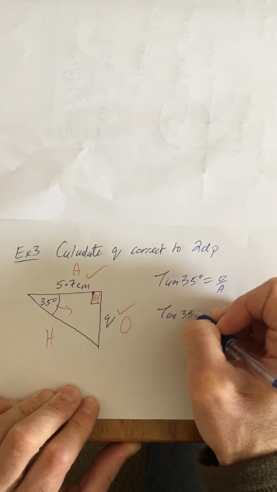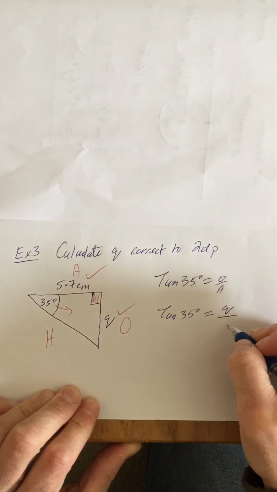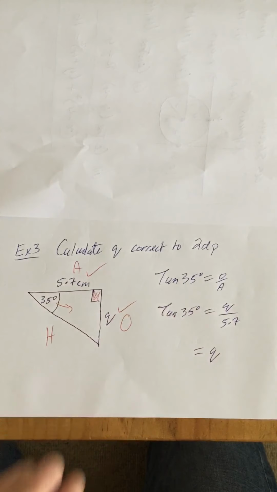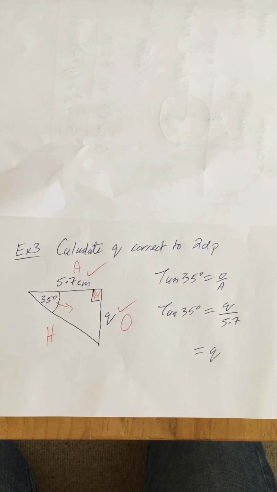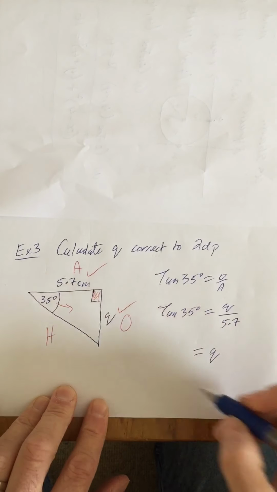Tan of 35 degrees is O over A, so tan of 35 degrees equals Q divided by 5.7. But I don't want Q divided by 5.7, I want Q. So to get rid of a divide by 5.7, we cross multiply.